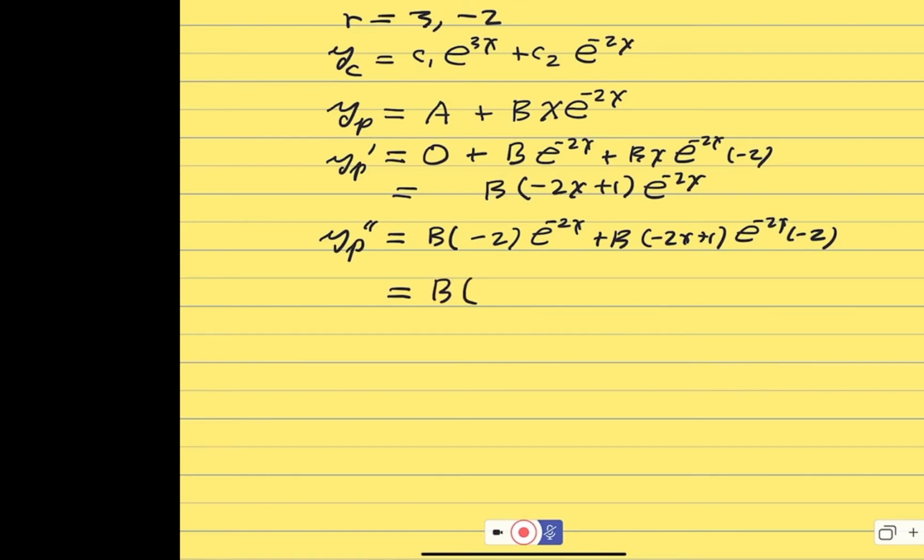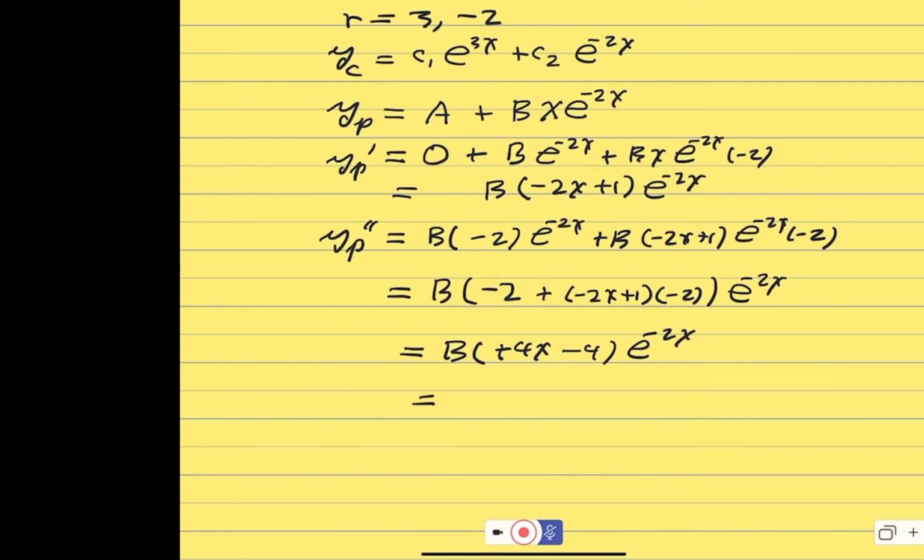I can factor a b out of everything, and I'm left with minus 2 plus minus 2x plus 1 times minus 2, all times e to the minus 2x, which simplifies down to b times 4x minus 4 times e to the minus 2x.